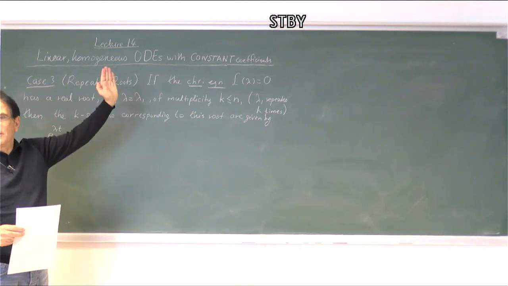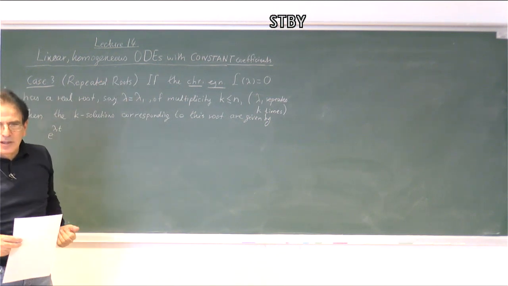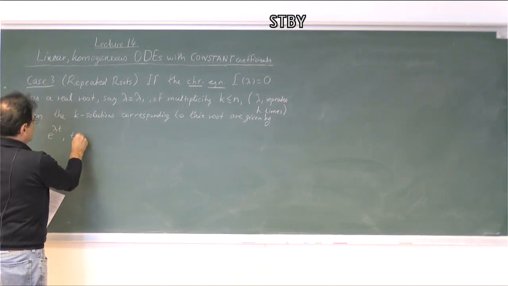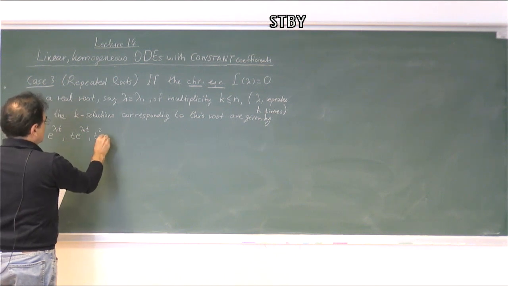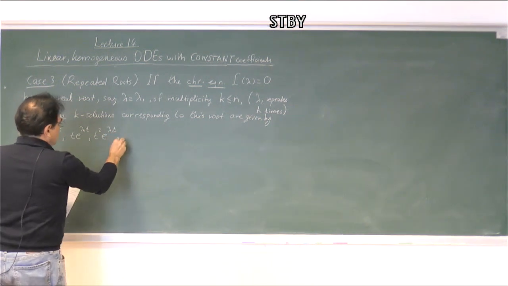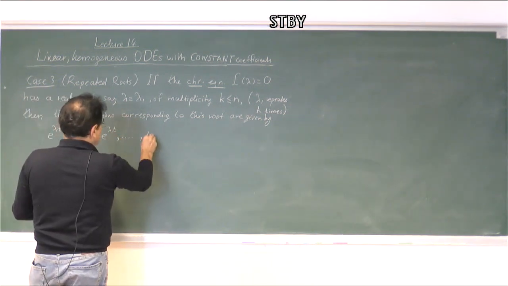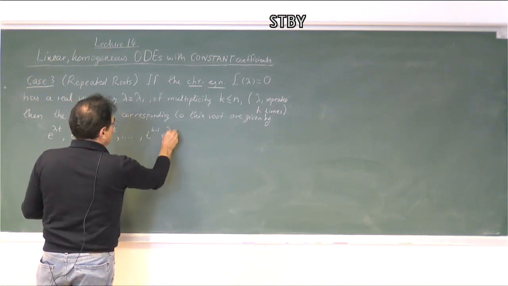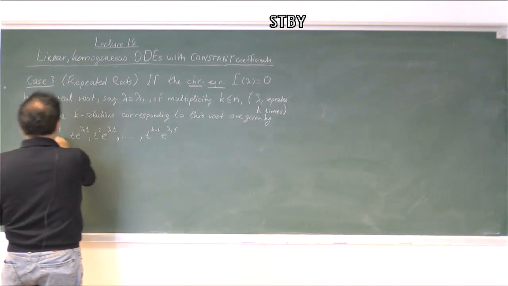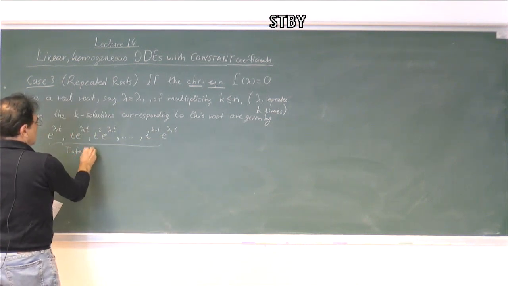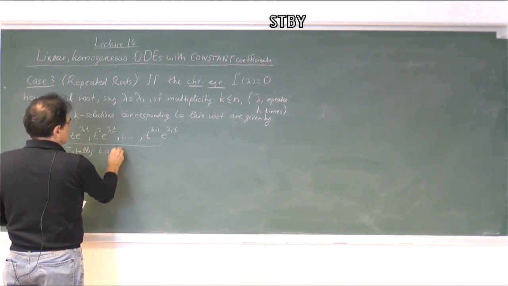The others have the form t times e to power lambda 1 t, t squared times e to power lambda 1 t, and finally t to power k minus 1 times e to power lambda 1 t. So totally k solutions.